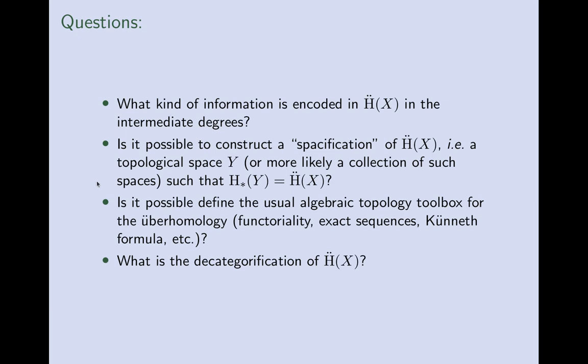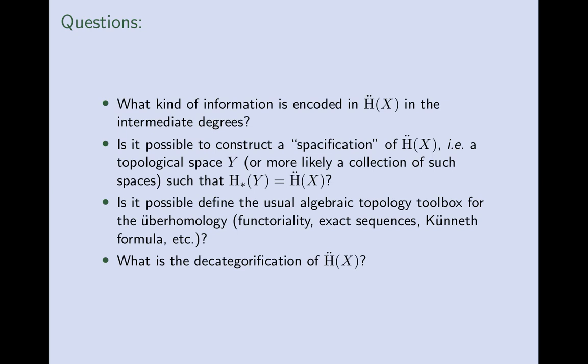Also, is it possible to construct some sort of spectrification of the Überhomology, so a topological space such that its singular or simplicial homology coincides with the Überhomology of X? And I haven't mentioned any operation apart from coning and suspension that one can perform algebraically on a chain complex.